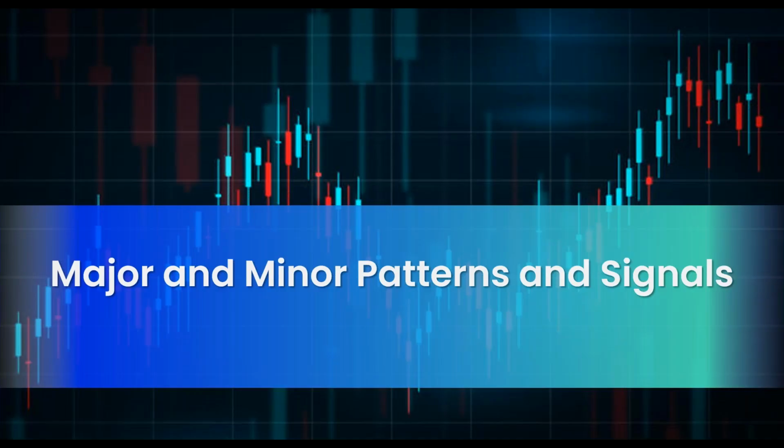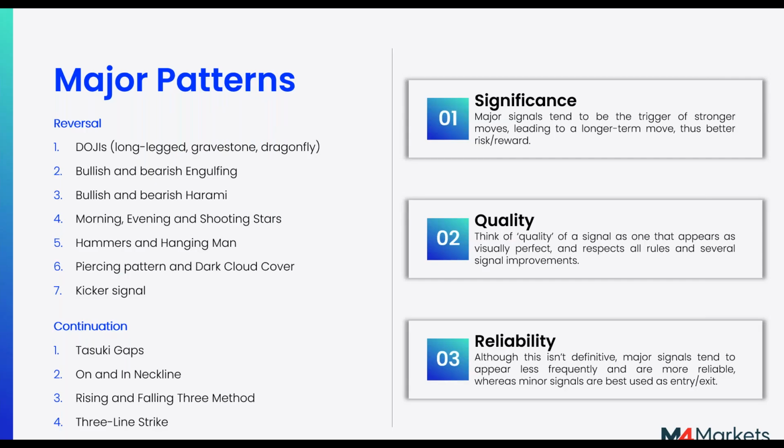Well, now, I want to have a quick look at the major and the minor patterns, of course, and also tell you something very important. First of all, when we are talking about major and minor signals, what actually separates them? What makes the difference? Well, we call something a major when we are looking at the significance, quality, and reliability, and all of them are high, if you had a measure from 0 to 100, let's say.